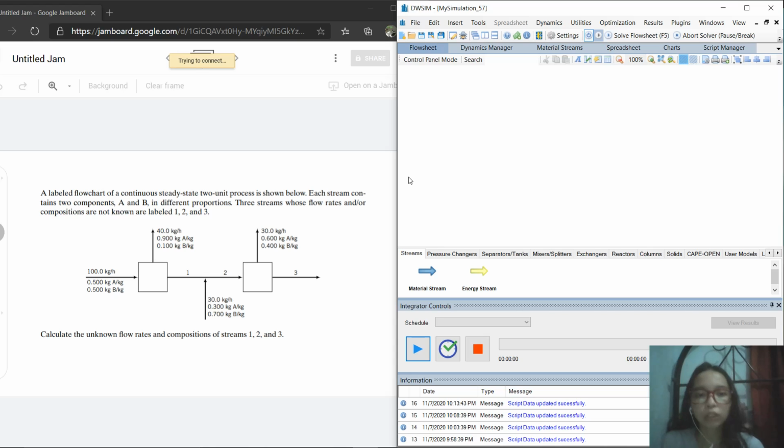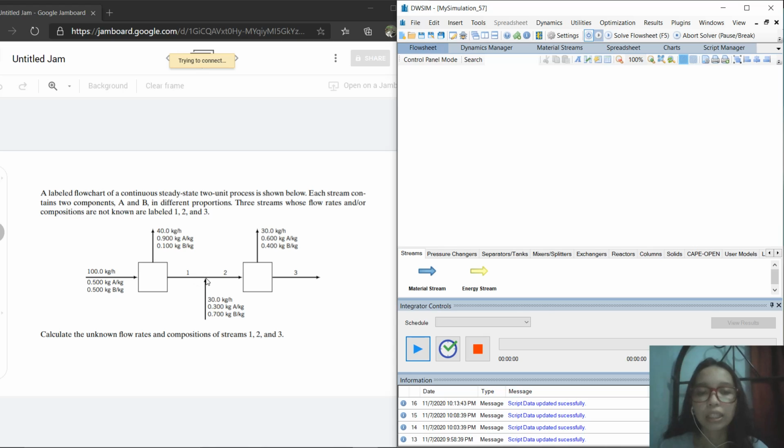So what we're going to do here, we're going to separate the feed first. Going to input the feed and then separate it using the compound separator, and we're going to input the given here to the first outlet of the separator, and by that we're going to know stream 1 and its composition.